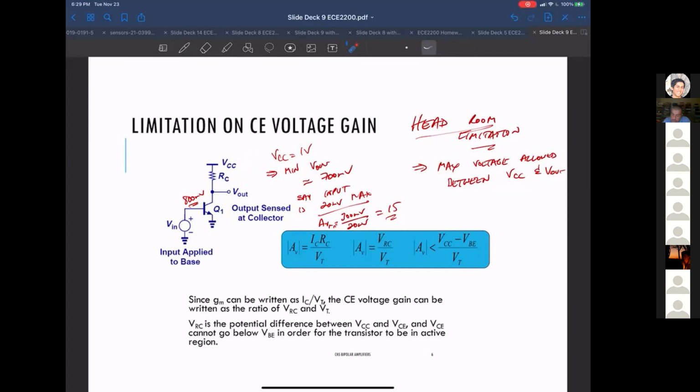It's difficult to do because my I sub C would be 0, but let's say that's the maximum. With a 20 millivolt input max, the max gain I can get is 15, regardless of my gm or anything like that, okay?